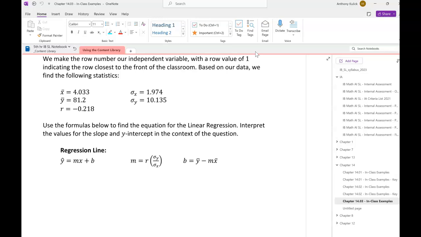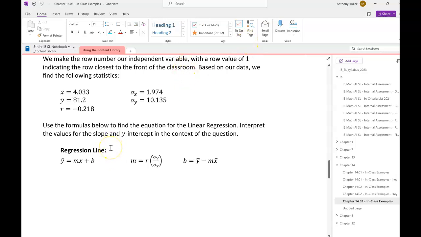No. It means if you're sitting in row 0, I mean up here somewhere, we'd expect you to get an 85.7. So the highest grade could have been in row 4, because our R value, if you looked at this problem, was not very good. So I'm guessing this data was kind of all over the place. But that's what that would mean. Does that make sense? Again, remembering x's is rows.